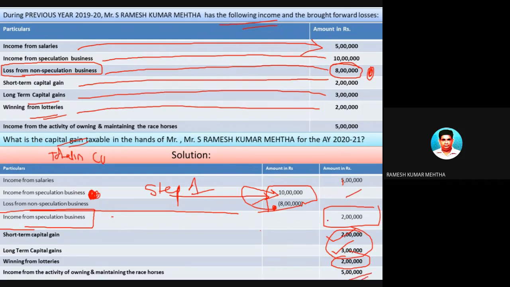So 5 plus 2 is 7, 7 plus 2 is 9, 9 plus 3 is 12, 12 plus 2 is 14, and 14 plus 5 is 19 lakh rupees. So the income of the assessee Ramesh Kumar Mehta for the assessment year 2021 is 19 lakh rupees.